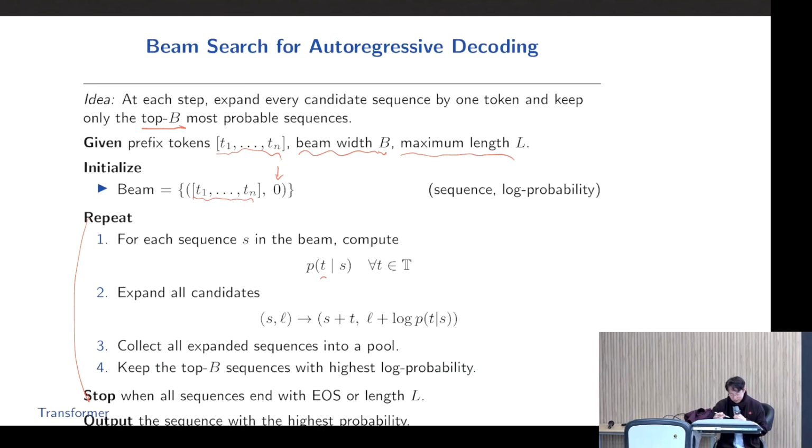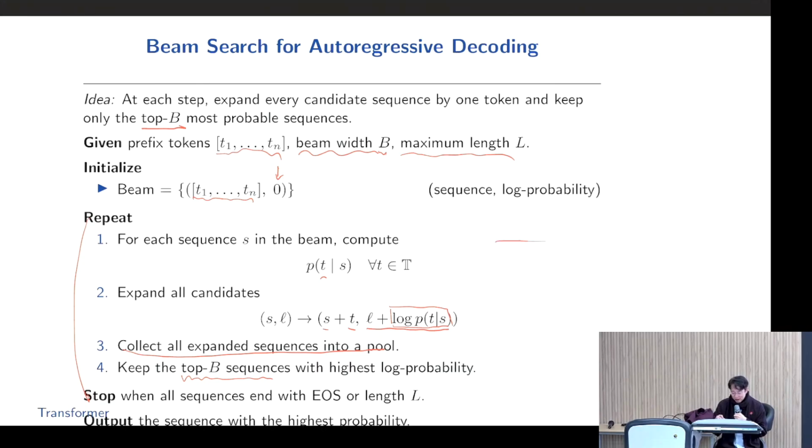So given the sequence and your token, what is the new updated log probability? It's the previous number plus the current next token generation probability. And you collect all the expanded sequences into a pool. And you only keep the top B sequences with the highest log probability.